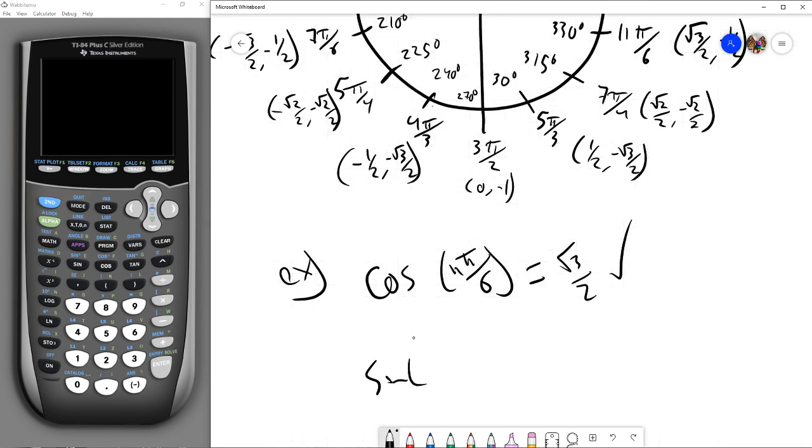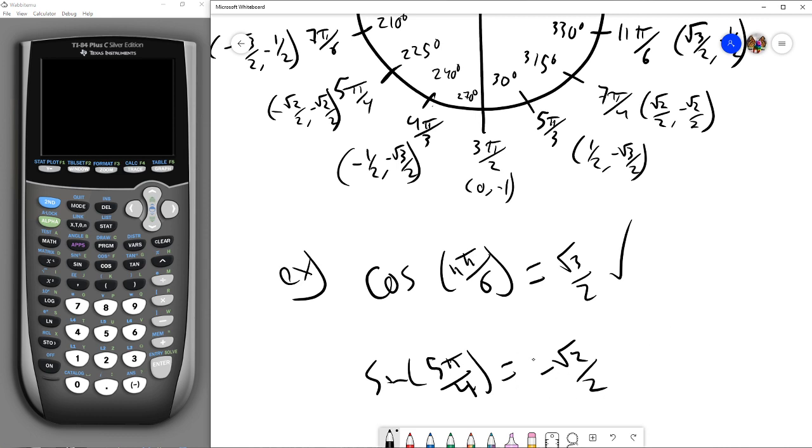Sine of 5 pi over 4, well, that is going to be negative root 2 over 2. 5 pi over 4 is quadrant 3, and then I just remember, since we have a 4 in the denominator, that means we have a root 2 over 2.